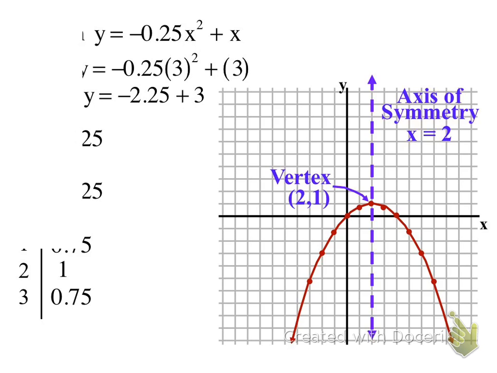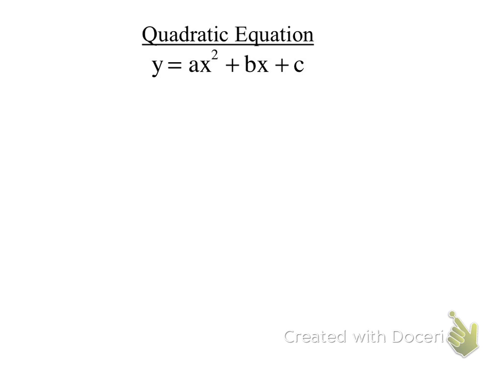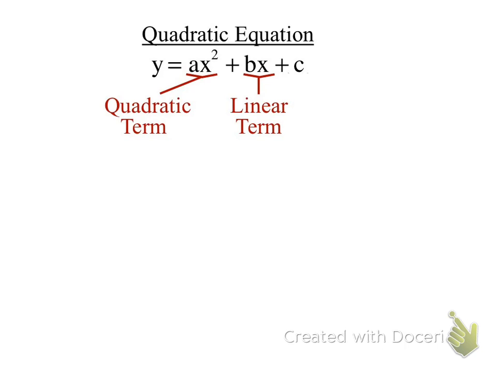All right, so the quadratic equation. This is the part I want you to write. If we've written it already, we're fine. But if you haven't, make sure you have it. Remember, ax squared is our quadratic term. Bx is our linear term. And c is our constant.